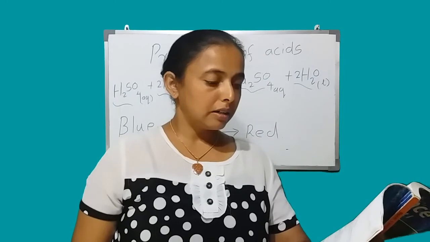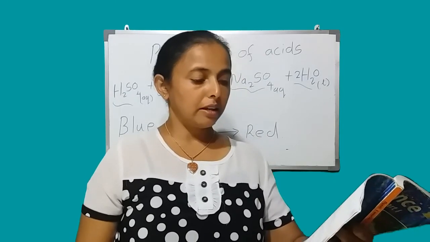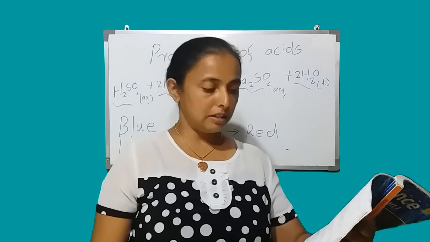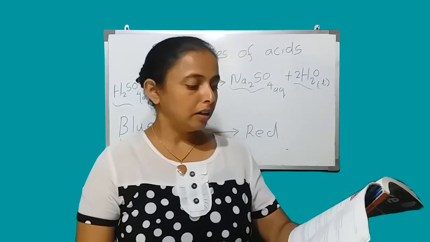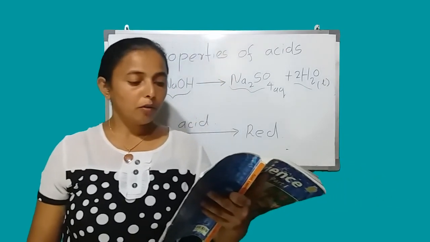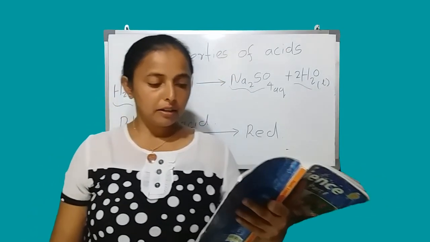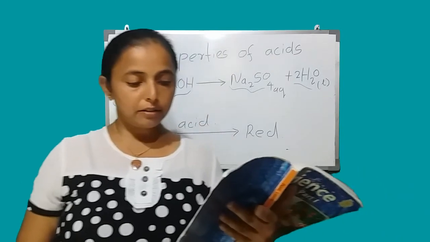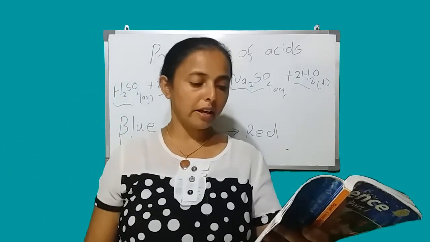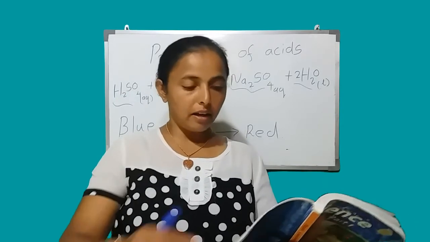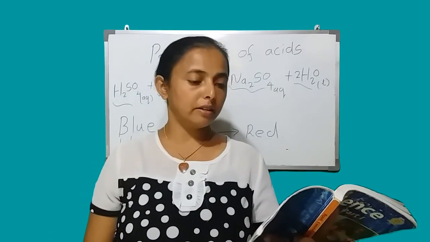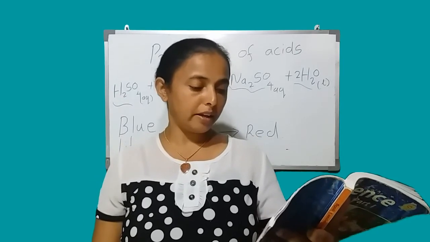Concentrated sulfuric acid is used as a dehydrating agent. For drying gases, the relevant gas is bubbled through the concentrated sulfuric acid. Those are strong acids, hydrochloric acid and sulfuric acid.